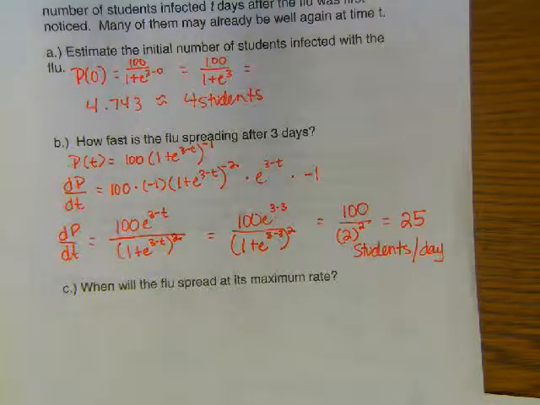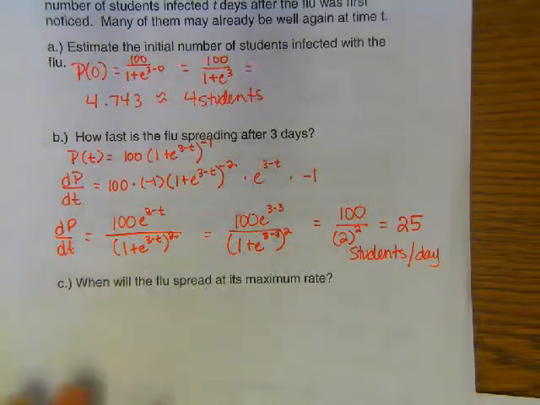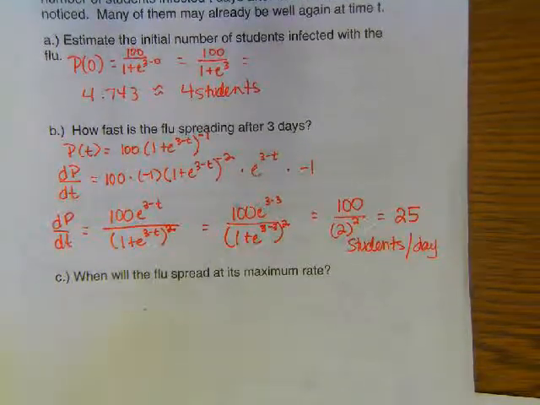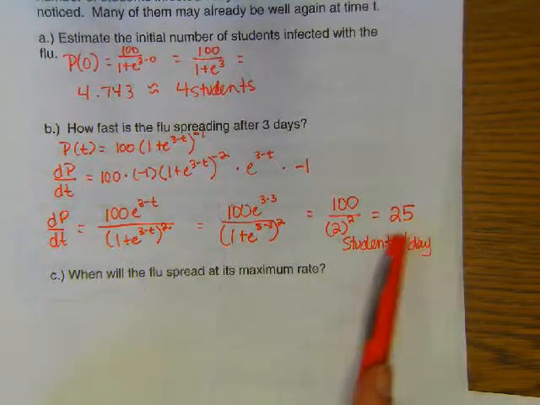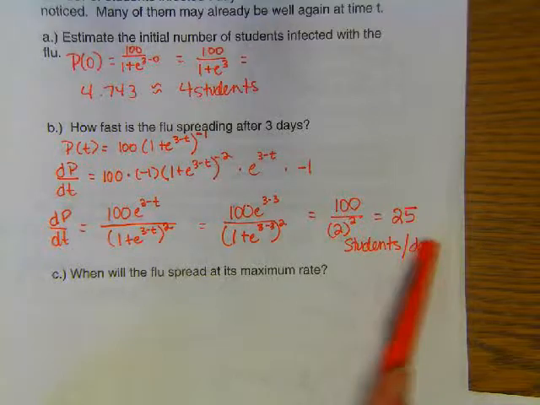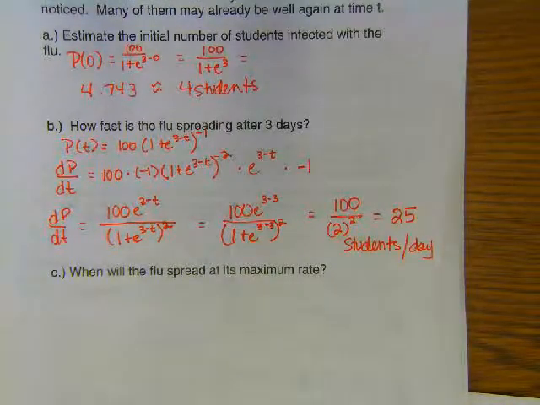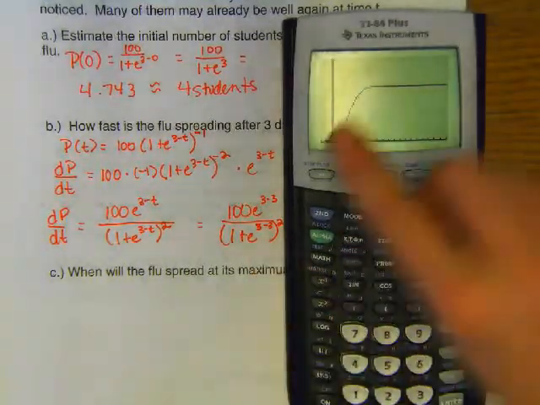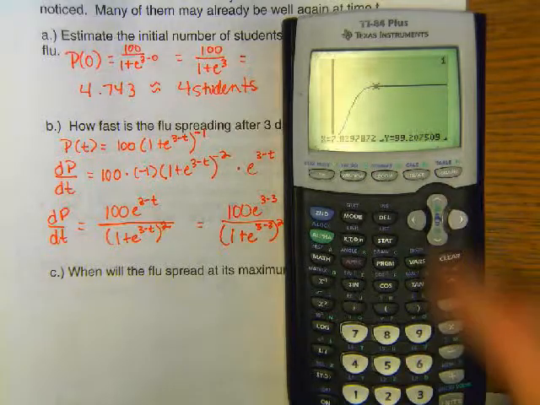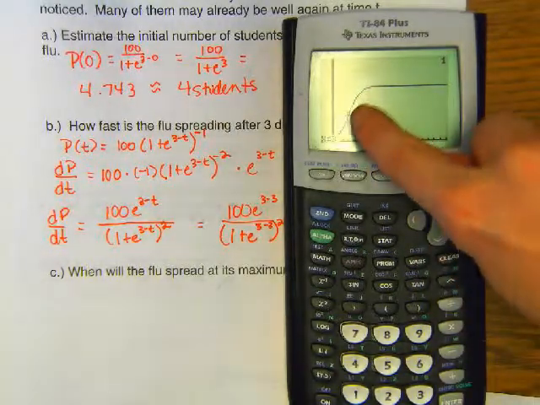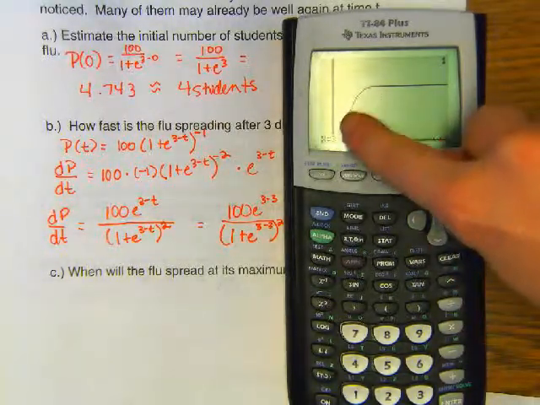I will tell you this, and we'll draw this conclusion in a second: what I was finding here was the slope of the graph, and here's my graph. I'm finding the slope at 3. So if I go back down to 3, okay, there's 3. That 25 just means that line has a slope of 25 right there. Does that make sense graphically?